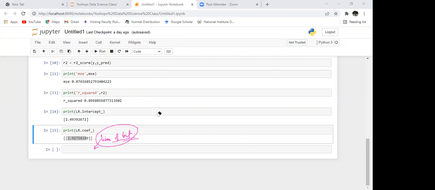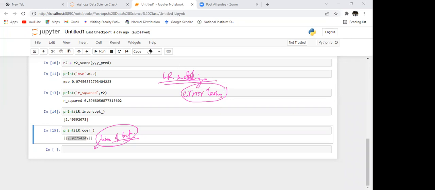How do you check them? You will try to find out the errors, right? How do you check the accuracy or the efficiency of your linear regression? Whatever linear regression modeling you have done for your data set, how are you going to check the accuracy or the efficiency of that model? For that, you will have a look at the error terms, right?